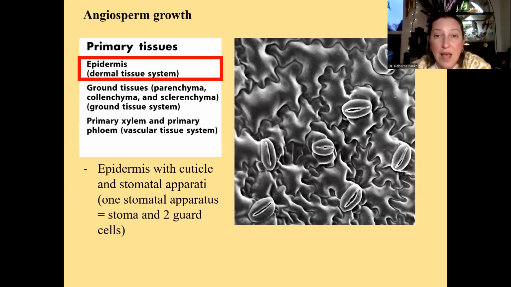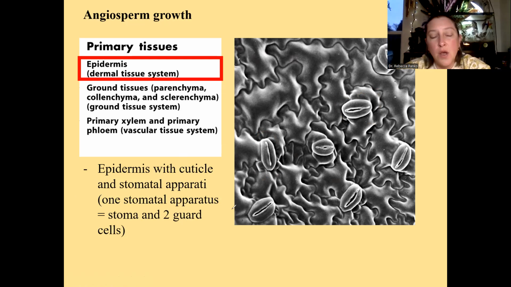So if you look at the epidermis, that's what this scanning electron microscope slide is showing you. You'll see this kind of appearance. The parts of the epidermis, you have this single layer of cells that have a cuticle, and you will see stomatal apparatuses as part of the epidermis as well, right?